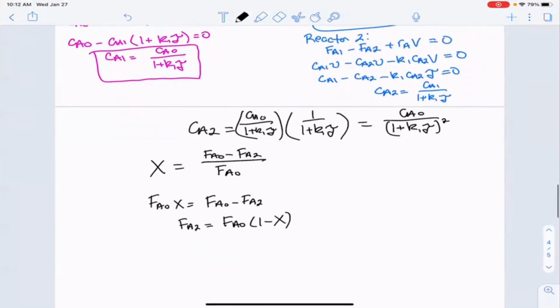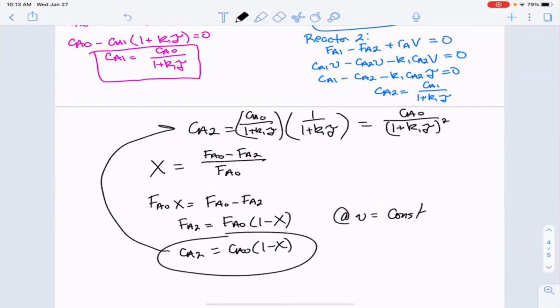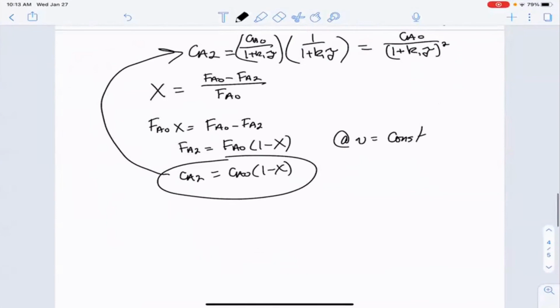If the volumetric flow rate is constant, that also means that CA2 equals CA0 times 1 minus X. The reason I did that was so I could plug this into the left-hand side of this equation.